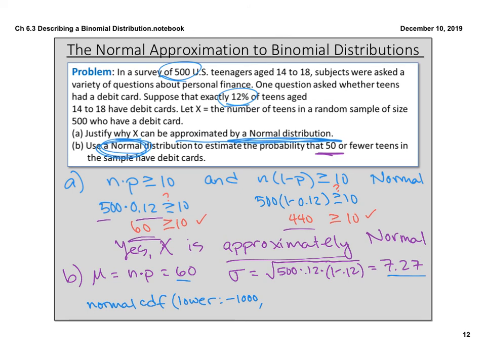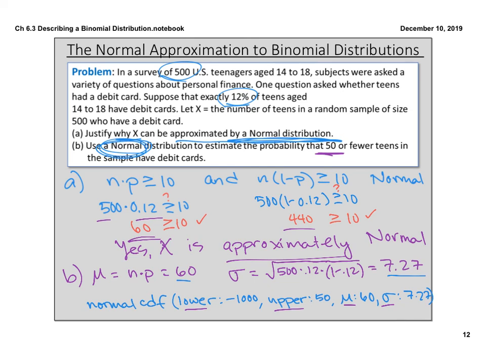So negative 1,000, and then we would have an upper bound of 50. And then we have the mean of 60, and we have the standard deviation of 7.27. Remember that when you write this out for the AP exam, you have to identify what these characteristics are. You have to say what those values are.